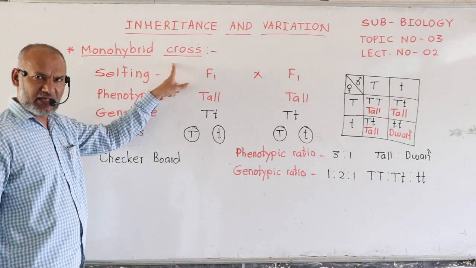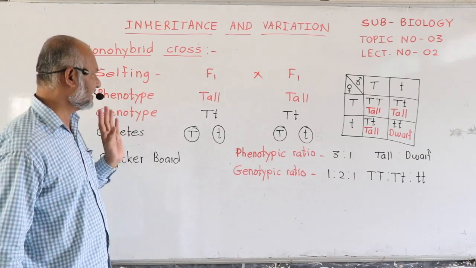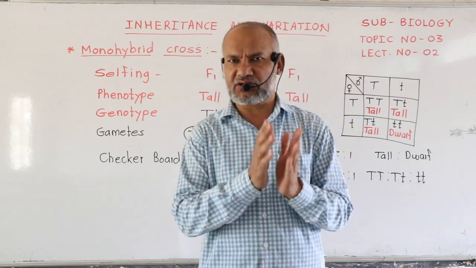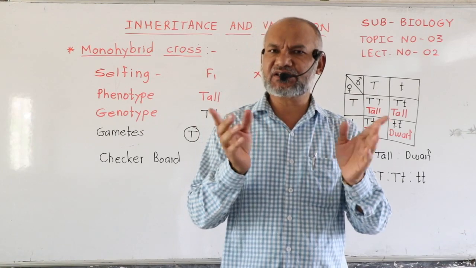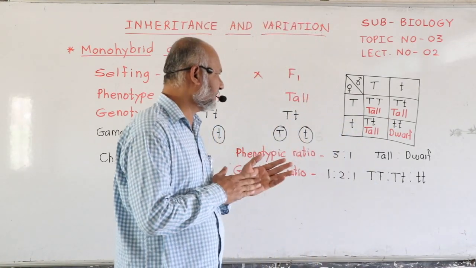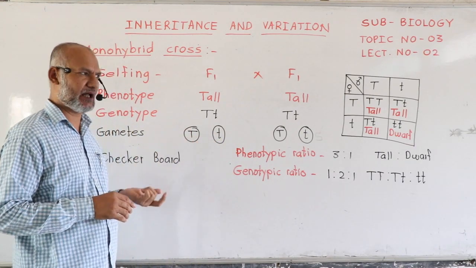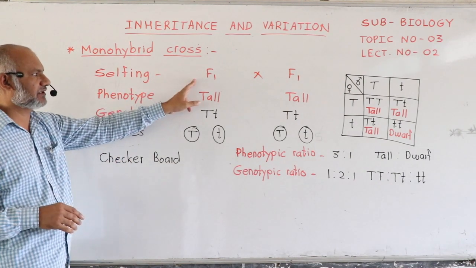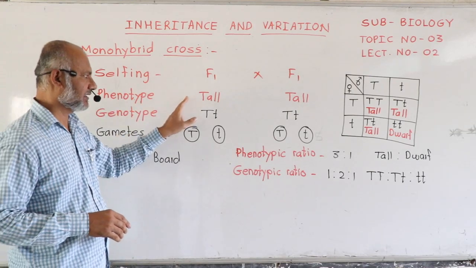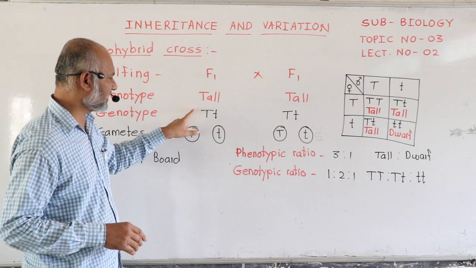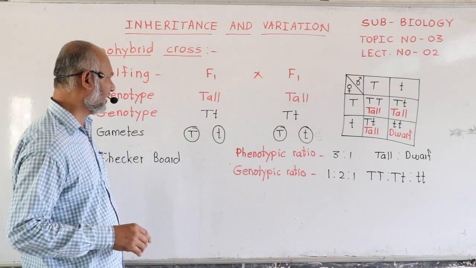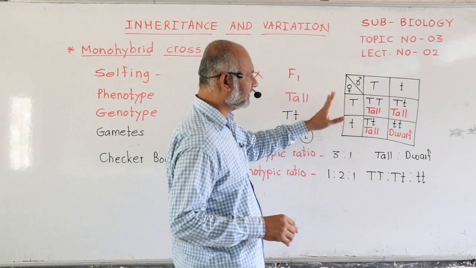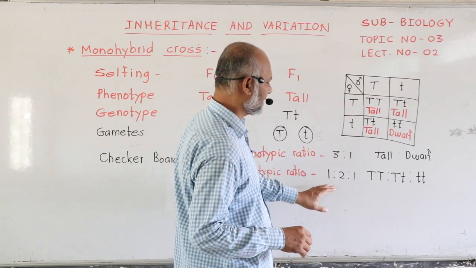When these two plants were crossed, in the F1 generation all plants were tall, but these tall plants are hybrid. In the next step, Mendel carried out selfing of F1 individuals, heterozygous tall plants crossed with heterozygous tall plants, and he obtained plants in the ratio 3:1 phenotypically and 1:2:1 genotypically. From this cross, Mendel concluded one principle, and that principle is termed the law of dominance.